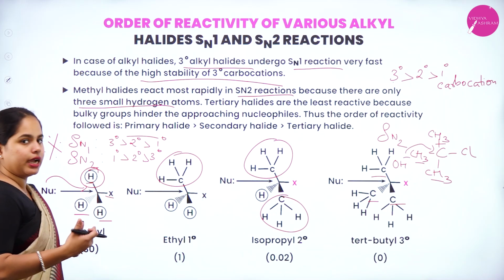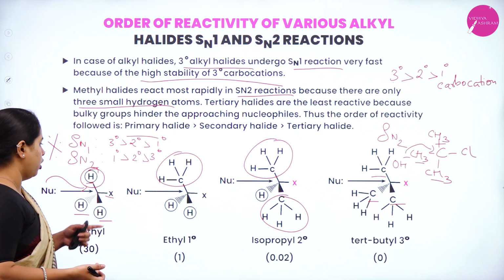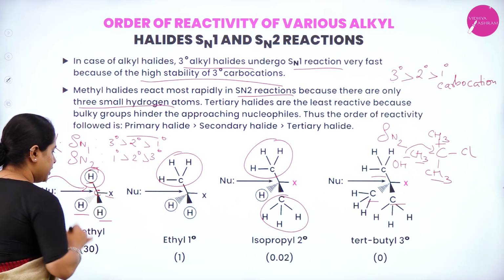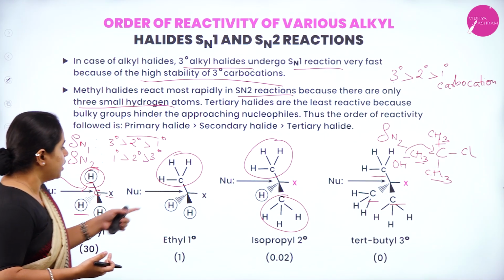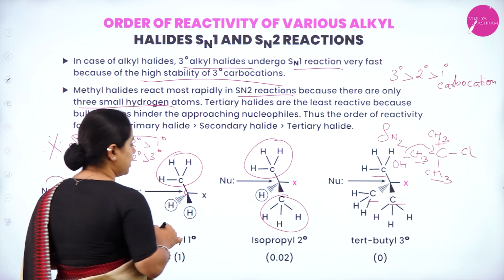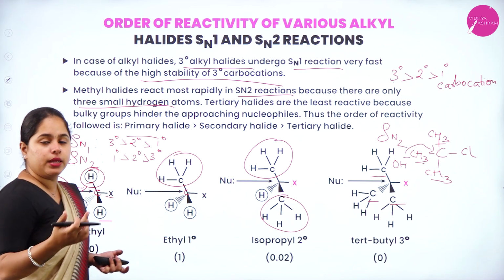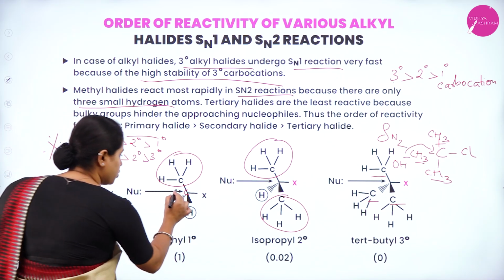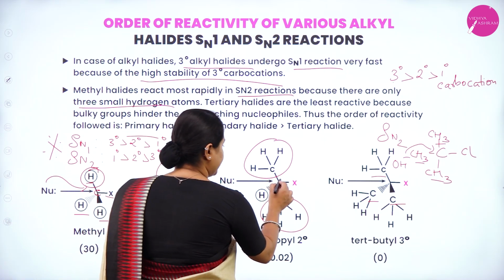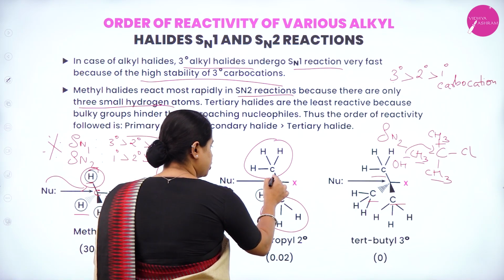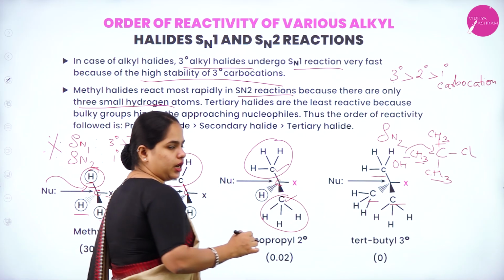So, what exactly is primary? This is an example of primary because this particular carbon atom is not further attached to any other carbon atom. Here also it is a primary carbon, so this is also a primary alkyl halide. Why? It is only further attached to one carbon atom. Now, this is a secondary alkyl halide because this carbon atom is attached to this carbon atom as well as this carbon atom.